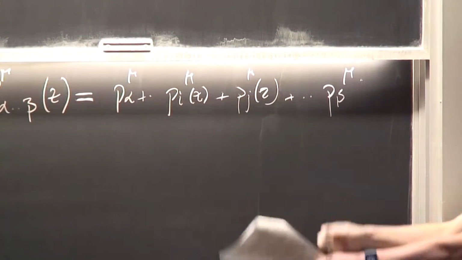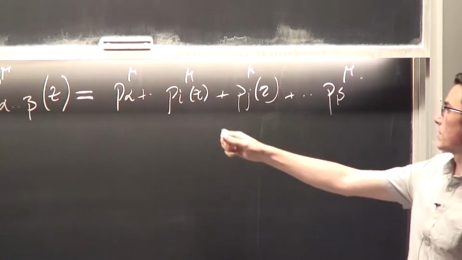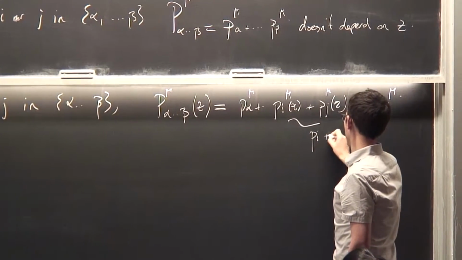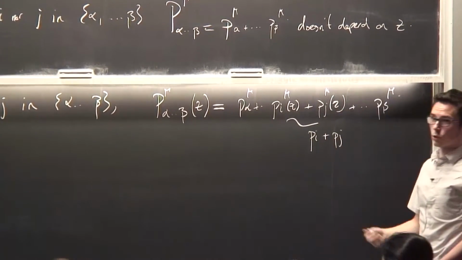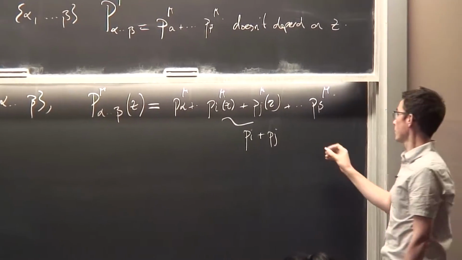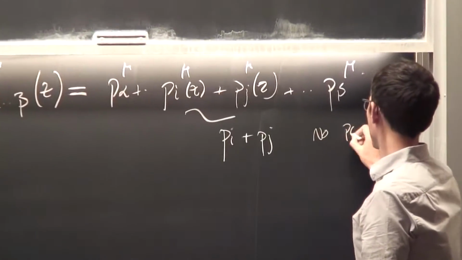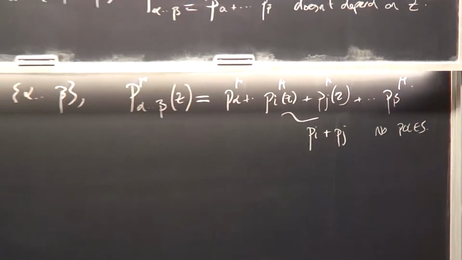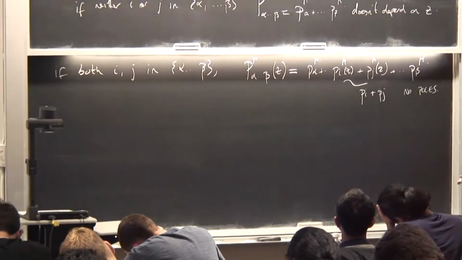Now we saw over there that momentum is conserved, so this thing here is just the same as Pi plus Pj, and so accordingly this thing doesn't depend on Z either, so no poles. Okay, so we're killing poles left, right, and center.